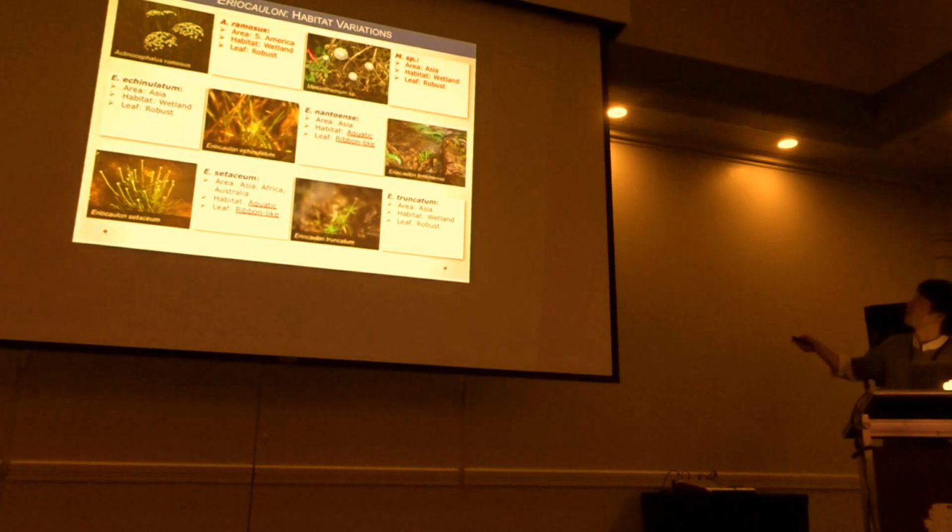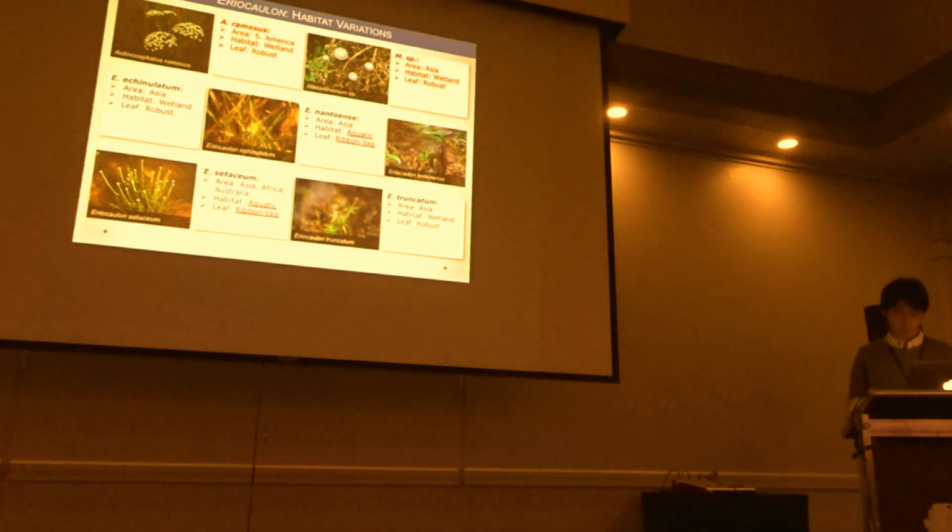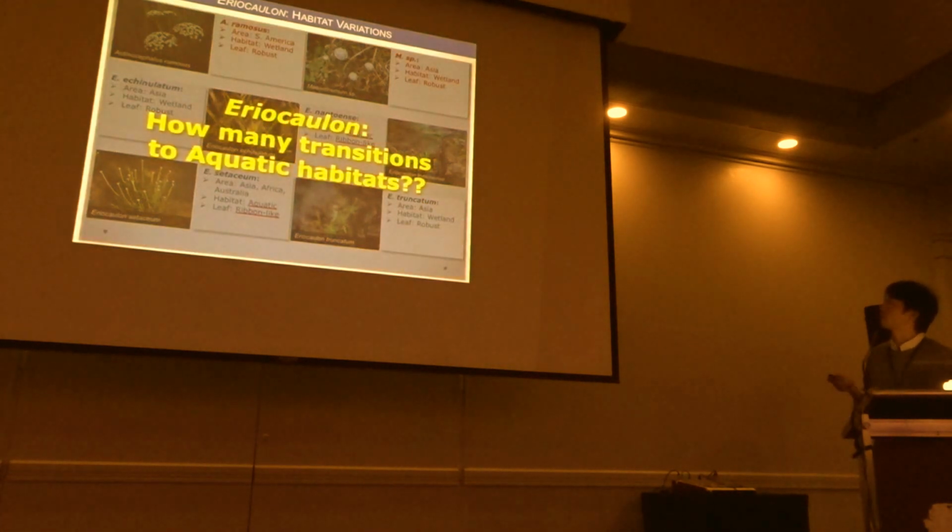In the case of genus Eriocaulon, you can see not only these kinds of species, but also aquatic species, like this one, Eriocaulon setaceum or others, which have an aquatic habitat, and the leaves are not robust but instead ribbon-like, which could be adapted to this aquatic habitat. So the question here is, how many transitions to an aquatic habitat were there?